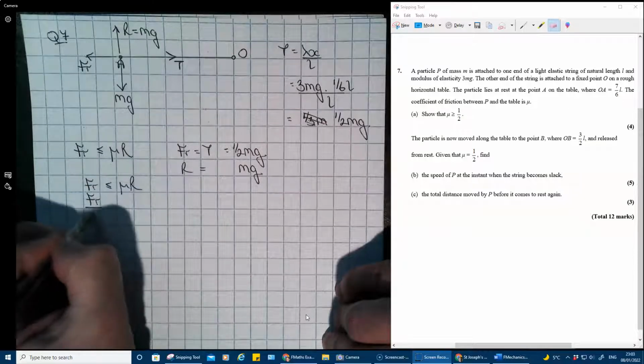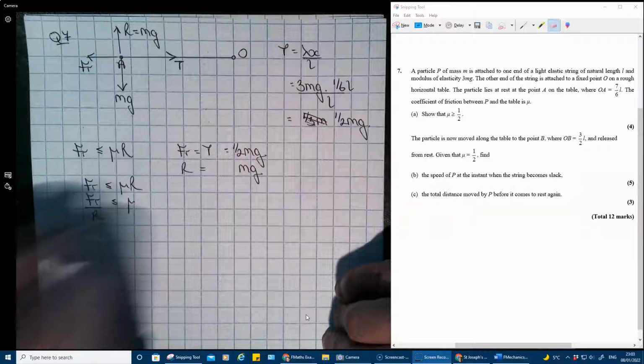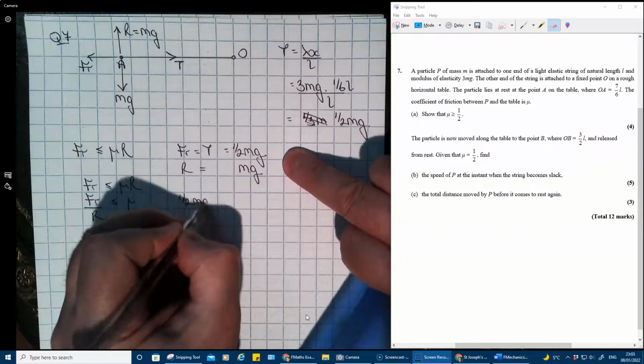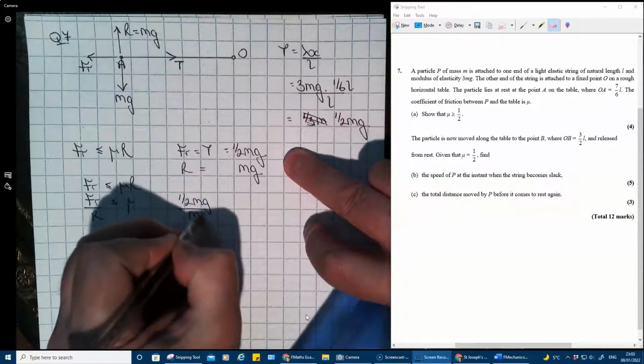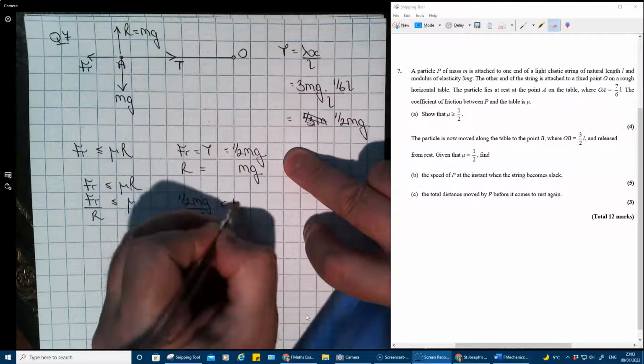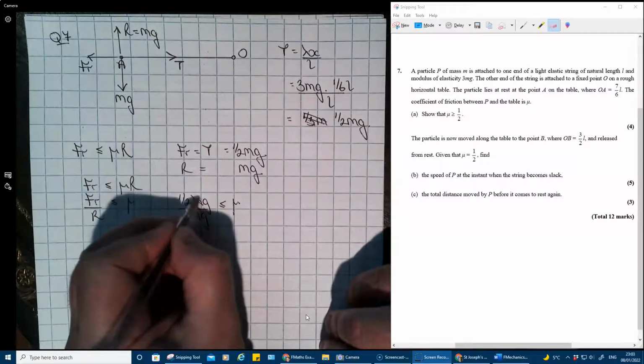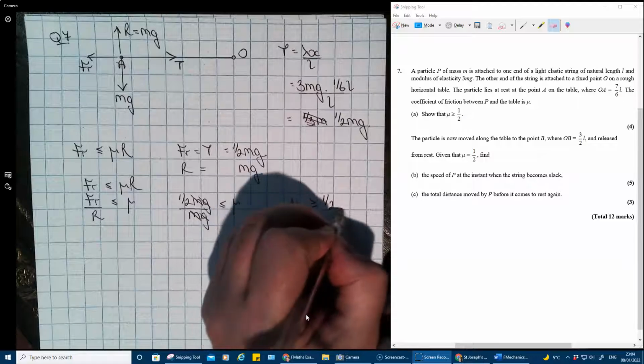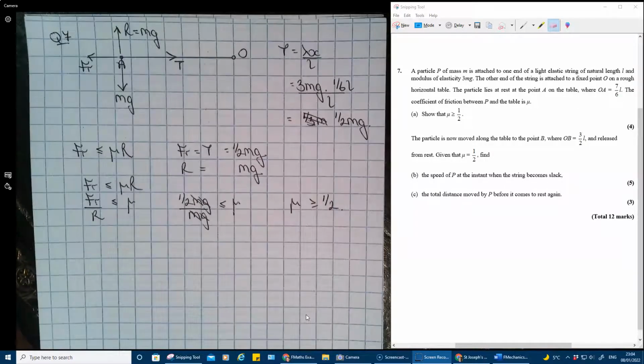Friction over R is less than or equal to mu, so half mg over mg is less than or equal to mu. So we end up with mu greater than or equal to a half, as required.